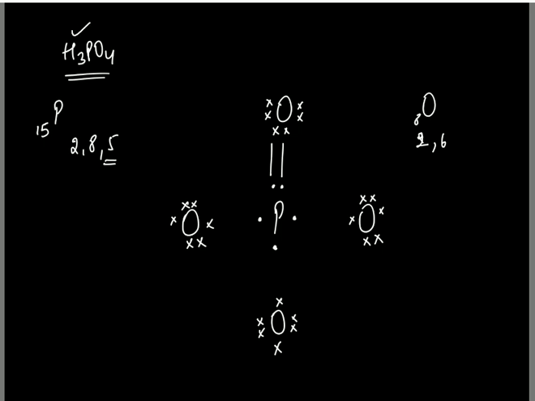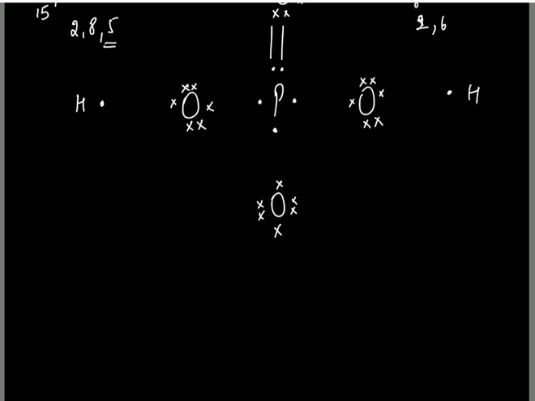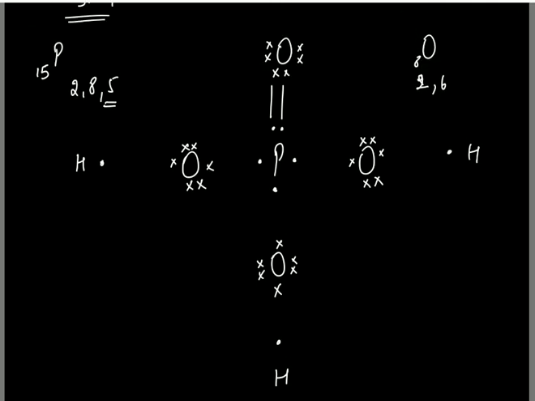Hydrogen has a covalency of 1, atomic number is 1, so it can only share one electron. So over here also, this hydrogen is sharing one electron, forming a single covalent bond, and oxygen is forming two single covalent bonds, one with hydrogen and one with phosphorus. Similarly over here also, same thing.